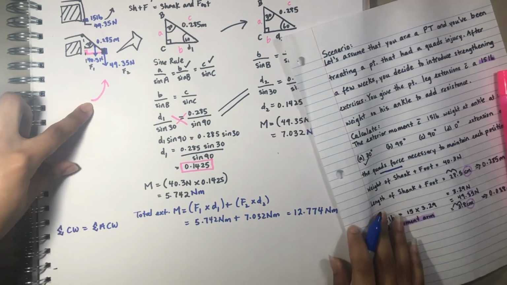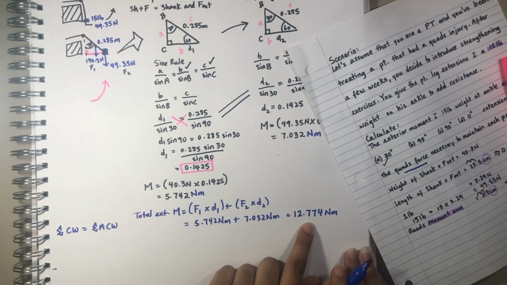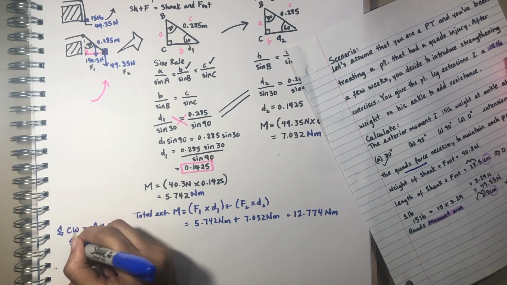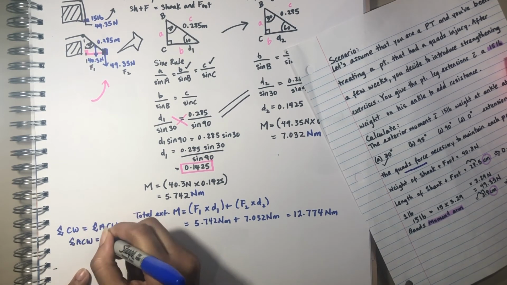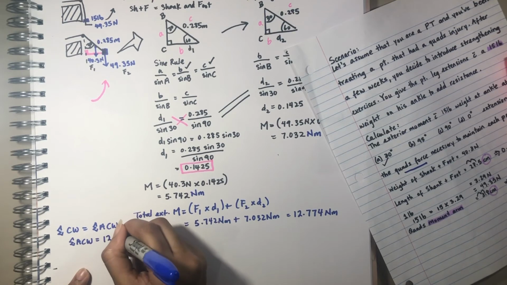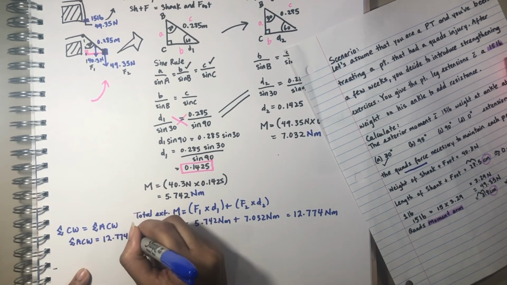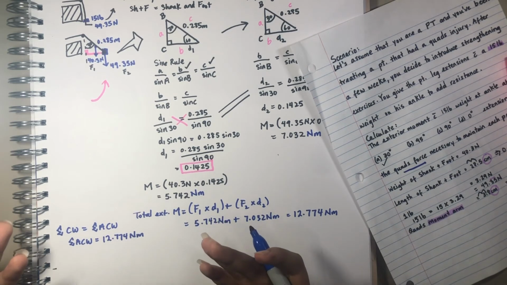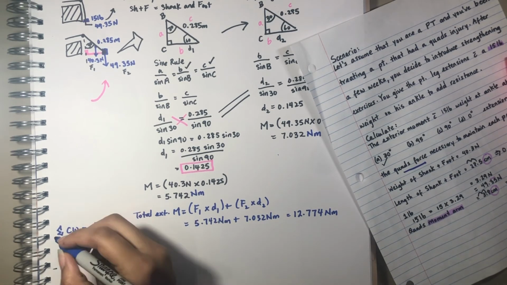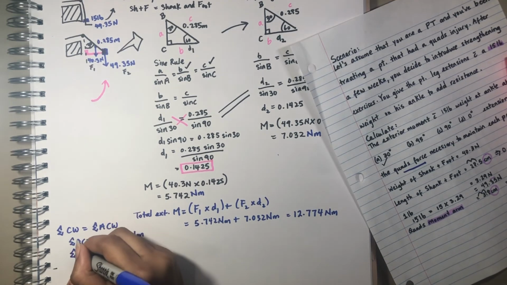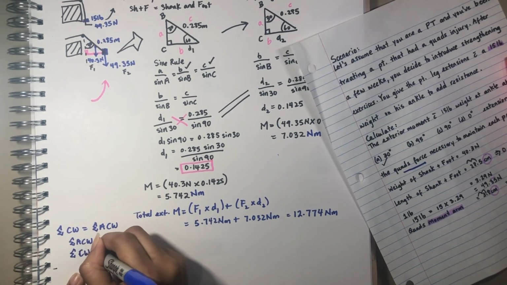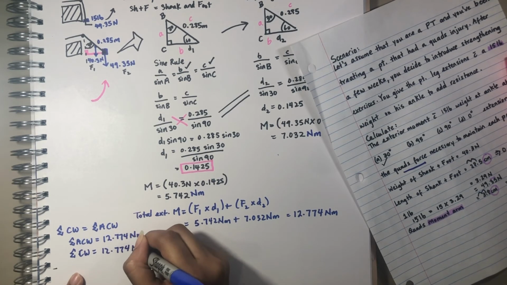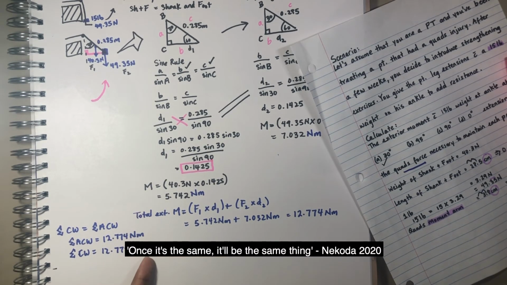So the sum of the anti-clockwise moments is 12.774 Newton meters. Since both are the same, the clockwise moment is equal to the same thing. It's a fact actually.